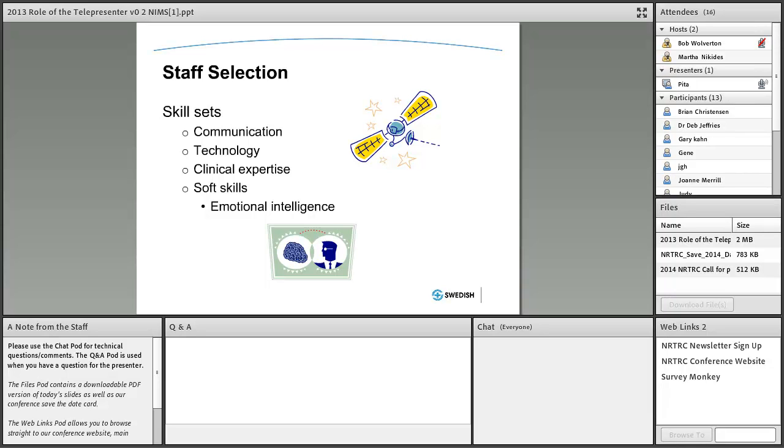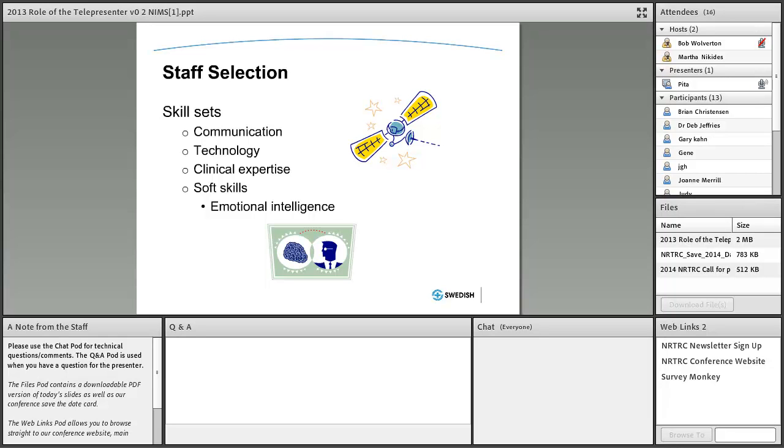Clinical expertise is also important, particularly dependent on the complexity of the exam. So for teleneurology, you really need to be able to be clinically proficient in terms of checking those cranial nerves for that physician, performing the deep tendon reflexes for that physician, and knowing where the landmarks are if you're listening to heart and lung sounds. They should be able to at least have a foundation in that.